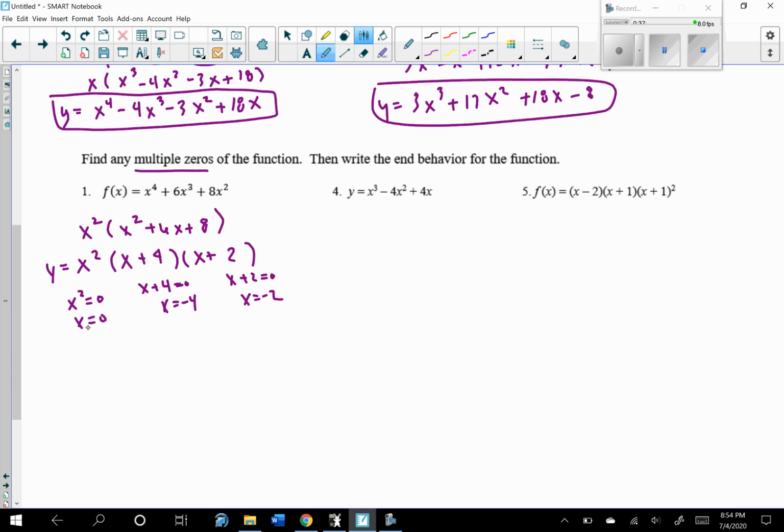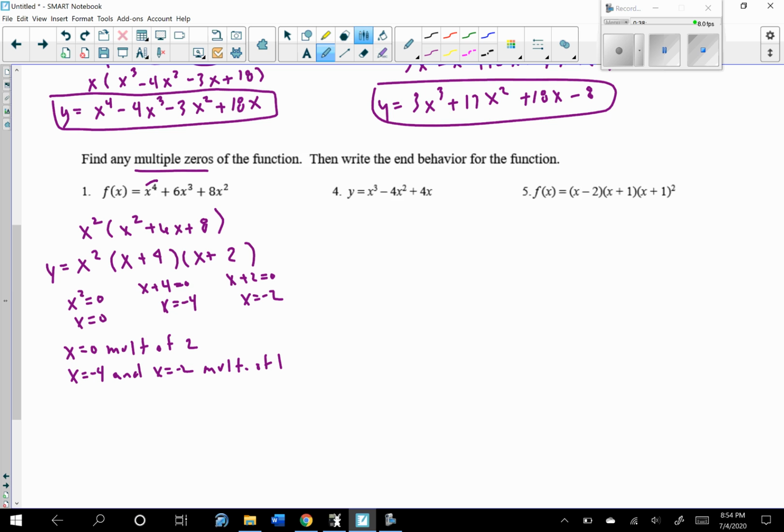So the only multiplicity that we have is this square. These are both multiplicities of 1. So x equals 0 is a multiple of 2, and x equals -4 and x equals -2 are multiples of 1, which isn't really a multiple, so just the x equals 0.